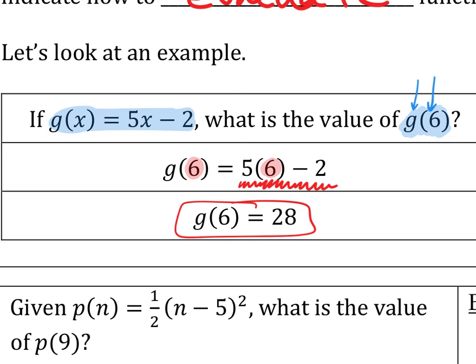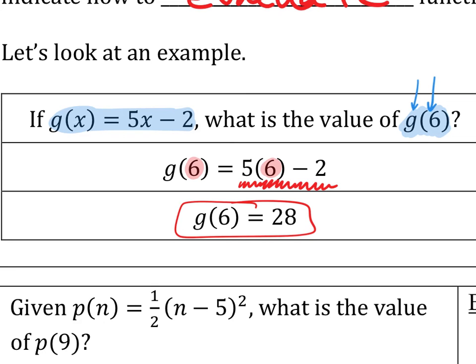When we throw 5 parentheses 6 minus 2 in the calculator, I can do it in my head, but when problems get more complicated, we're going to turn to our calculators so we don't make mistakes. Does that make sense?